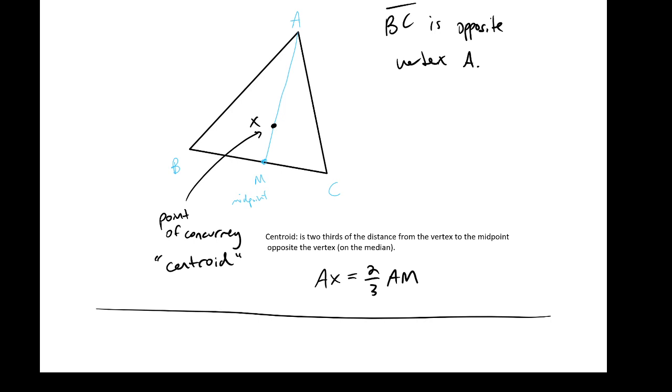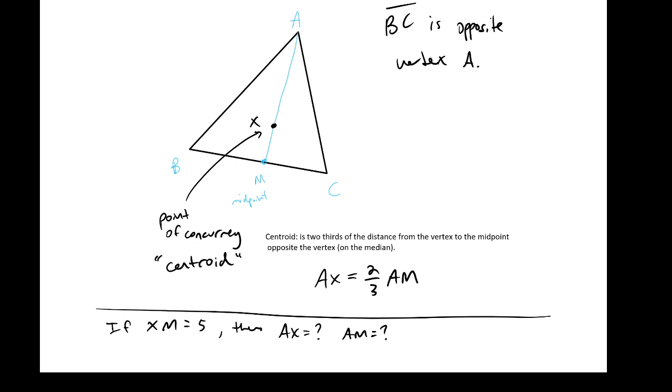So let's consider this problem. If I were to say that line XM is equal to 5, then we're going to solve for AX and AM. Super straightforward. If XM is 5, well, XM is going to be 1/3 of the entire median.